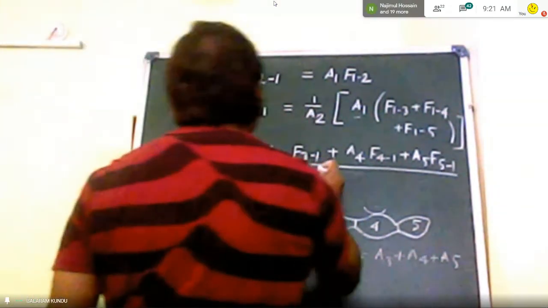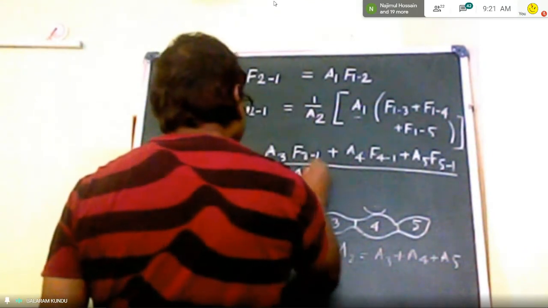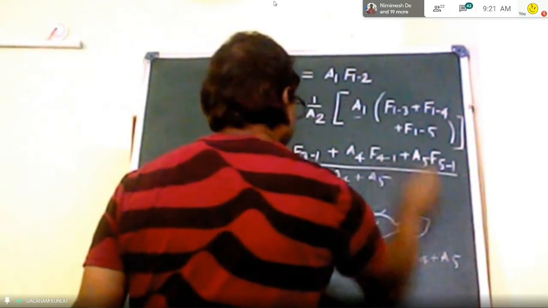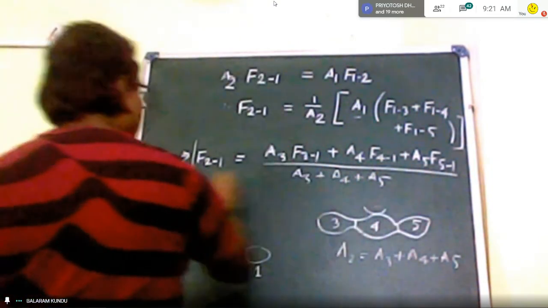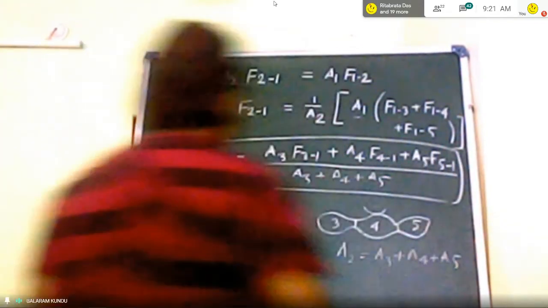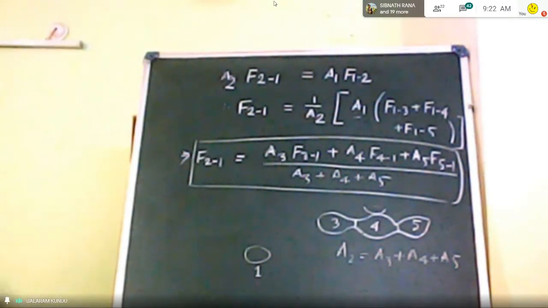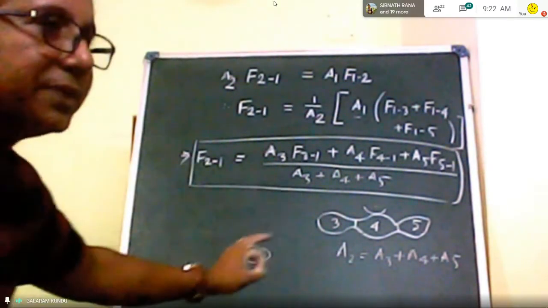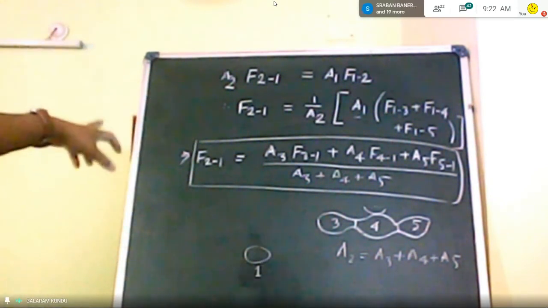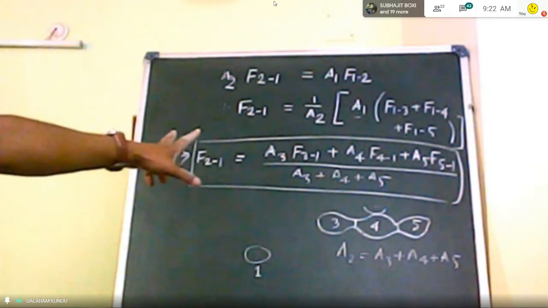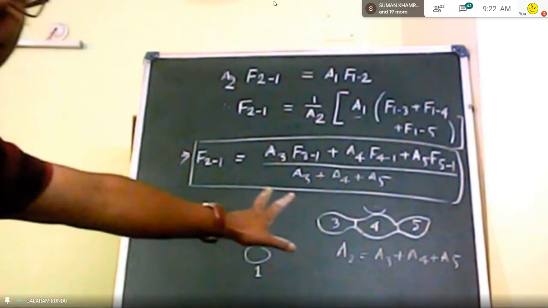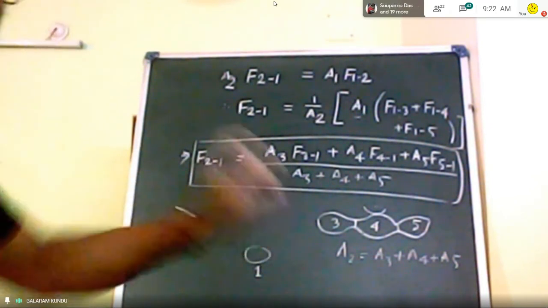So a2 means here a3 divided by a3 plus a4 plus a5. So this is your final expression of shape factor between two surfaces. If one surface is complicated, then we can split up that surface into a suitable number of parts, and then this expression will be obtained.